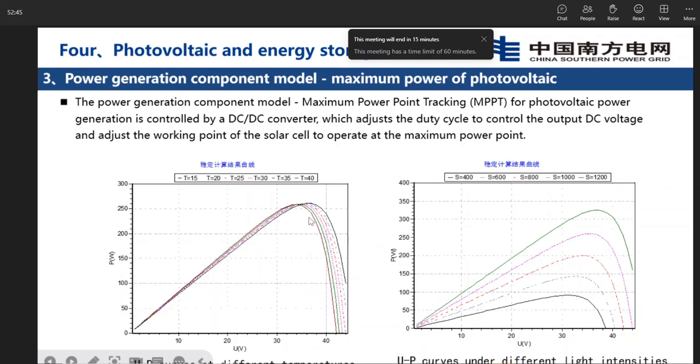We connect the tops of all the curves to draw a new curve. It represents that we can get the maximum power under different temperatures. For the solar system, it is also like this. S means the light intensity, how strong the sun is.